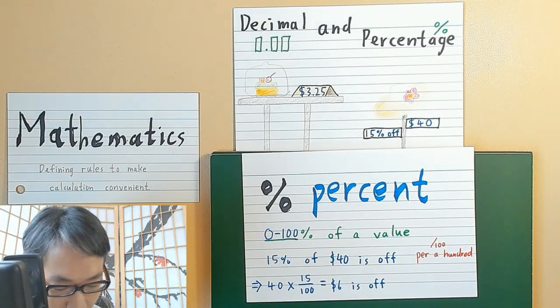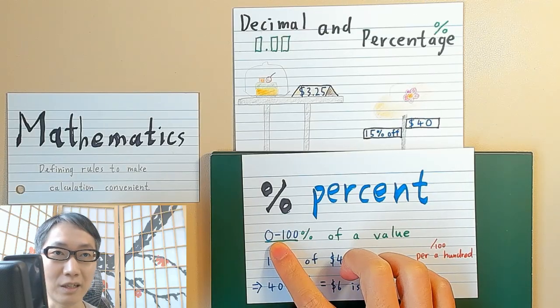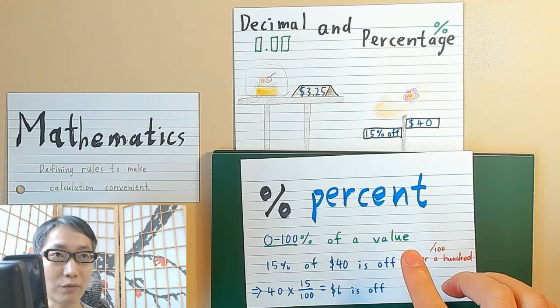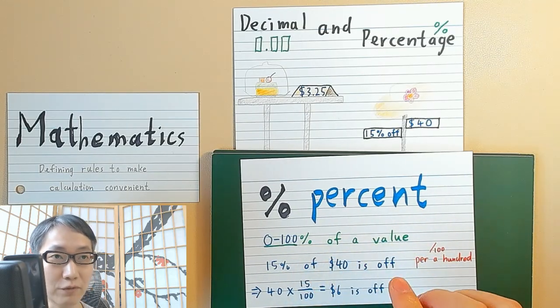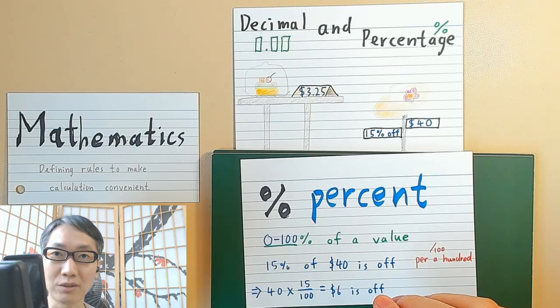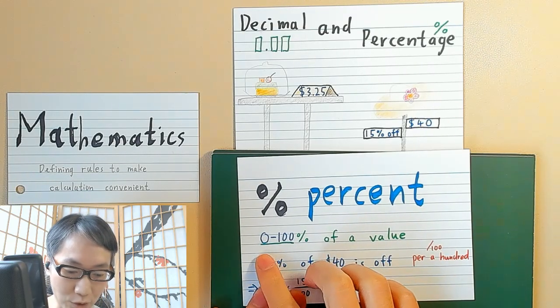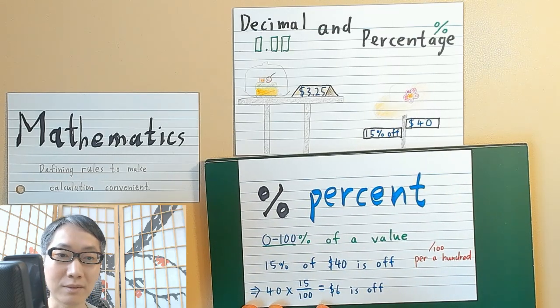Because 0% is none of that. So we say, 0% of $40 is $0, none of that. 100% of $40 is $40, all of that.